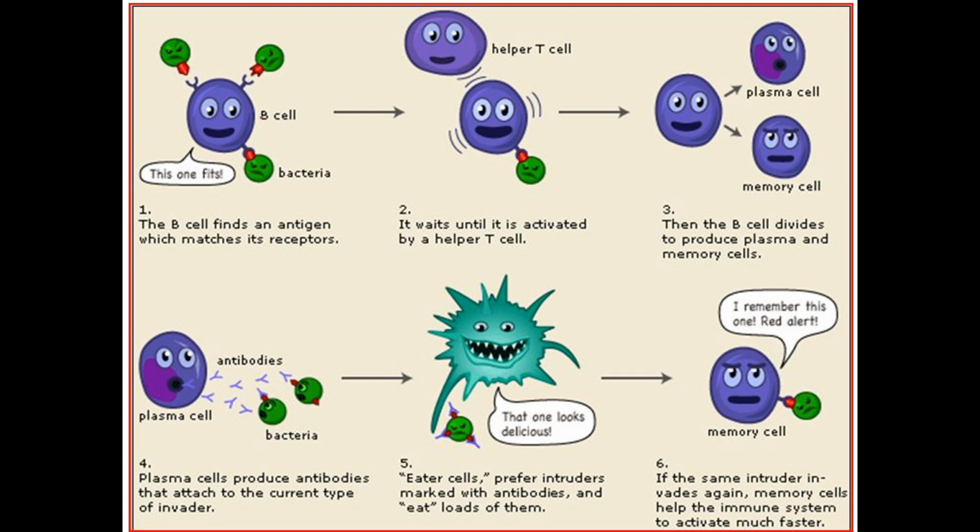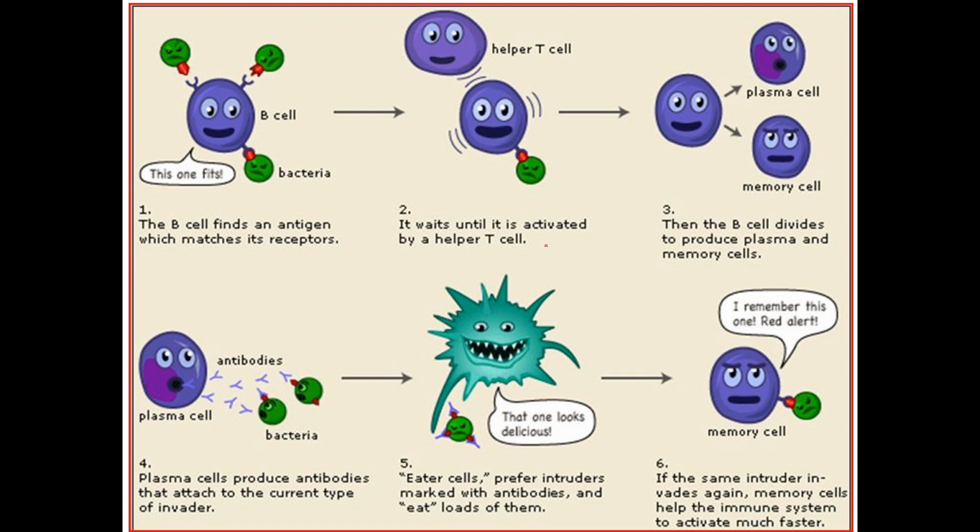So here we have a B cell that's encountered some bacteria, and one of them fits. It thinks, I should make antibodies against that, but I won't do it without confirmation. So the adaptive division always waits for this confirmation from the helper T cell. And remember, the helper T cell had just been activated by that antigen-presenting cell. So it's like, yes, helper T cell, yes, B cell, this is something we should fight off.